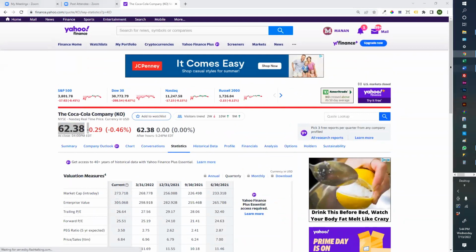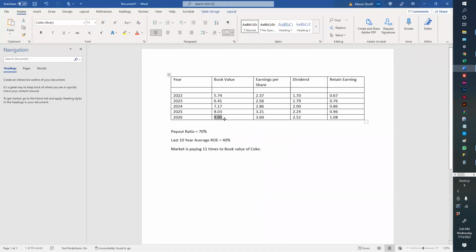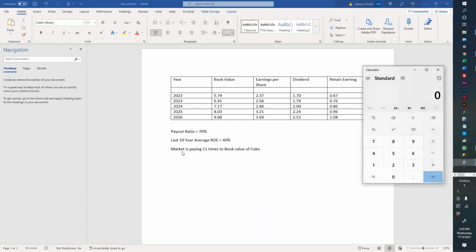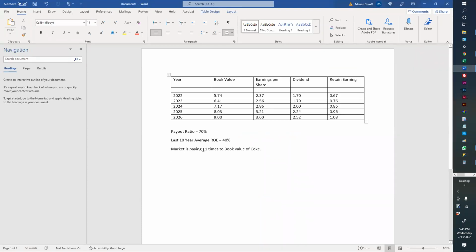My question is very straightforward. Now book value is $9. If you assume that the market is going to pay 11 times book value, very good. Yeah, I think that people get it. Okay. So the new price would be $99.